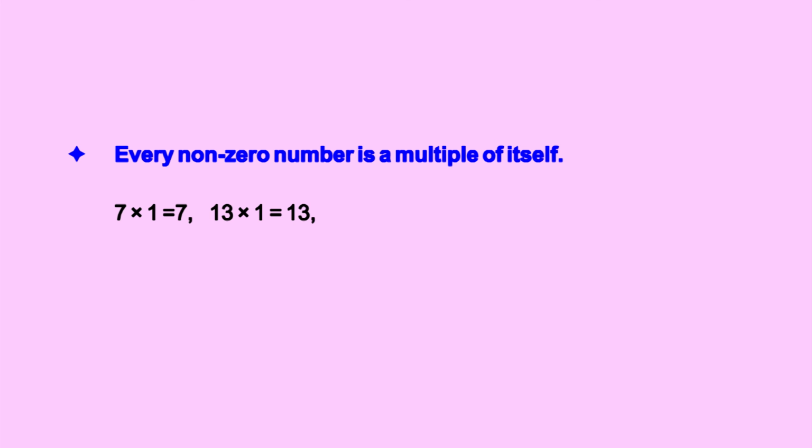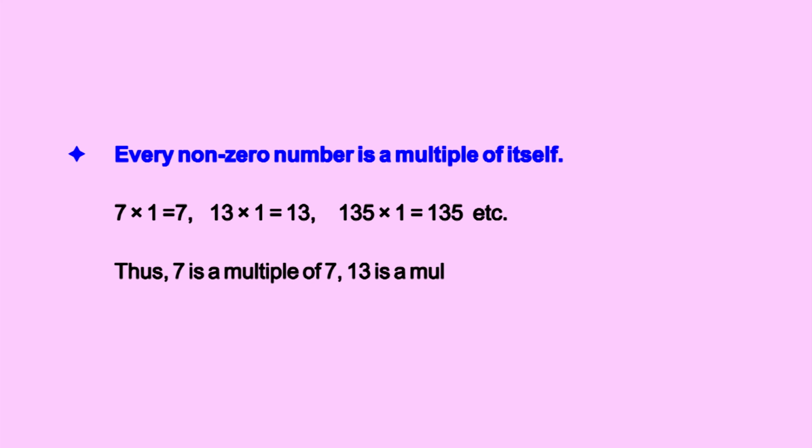Every non-zero number is a multiple of itself. 7 into 1 is equal to 7. 13 into 1 is equal to 13. 135 into 1 is equal to 135, etc. Thus 7 is a multiple of 7, 13 is a multiple of 13, 135 is a multiple of 135.